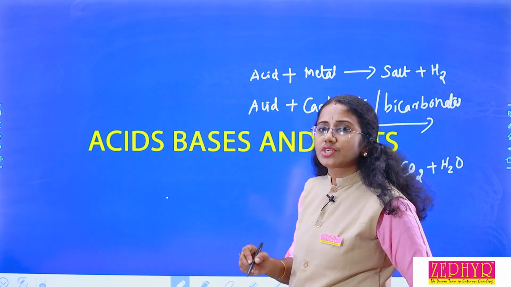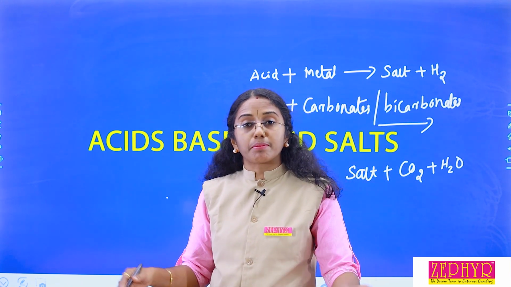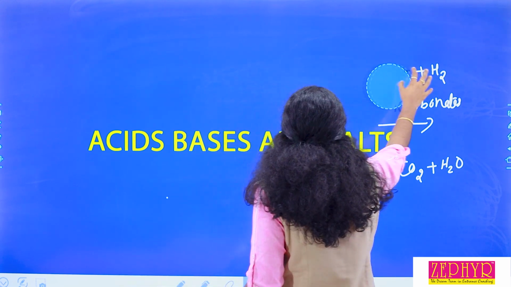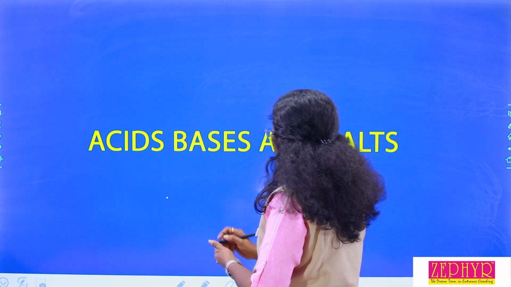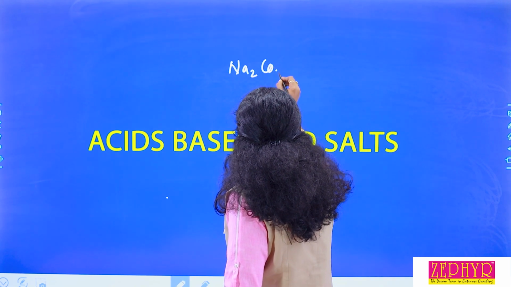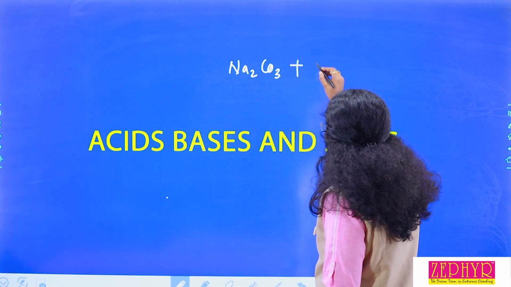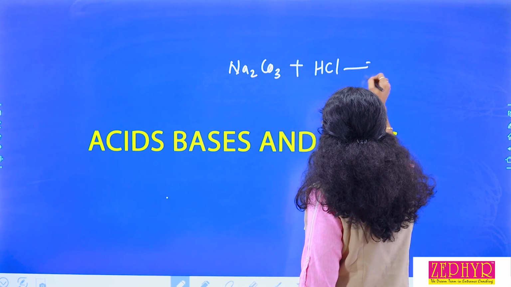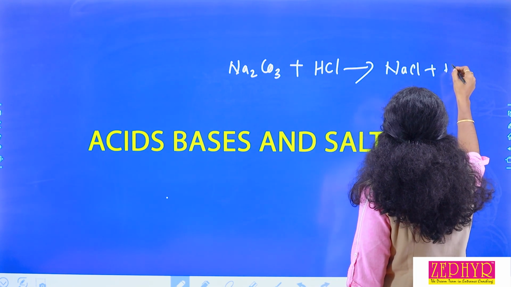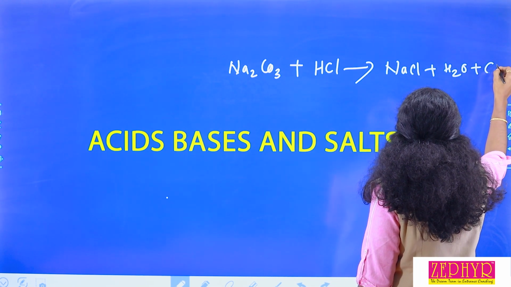Most acids react with carbonates or bicarbonates. For example, sodium carbonate reacts with HCl to give sodium chloride, water and carbon dioxide.